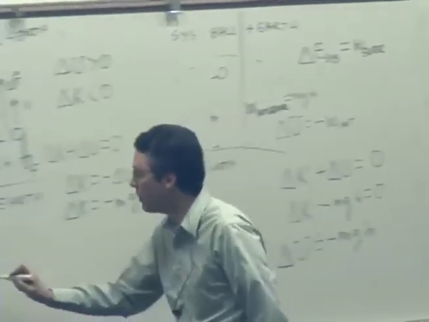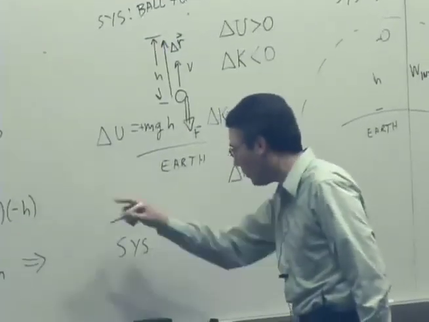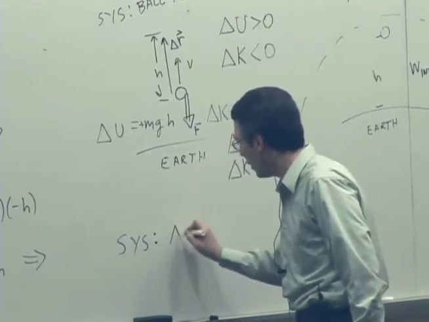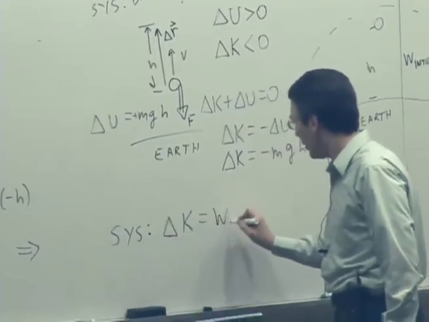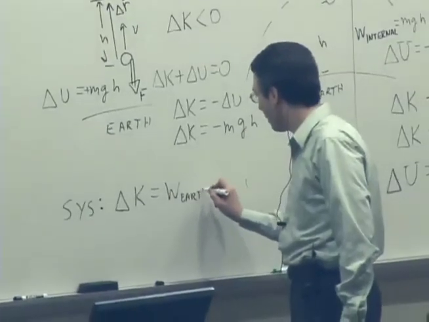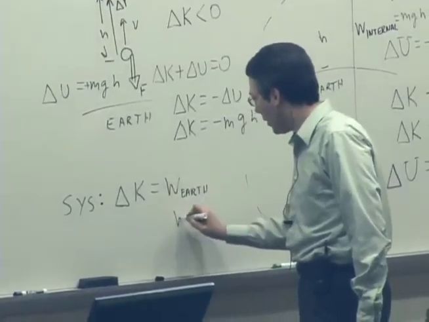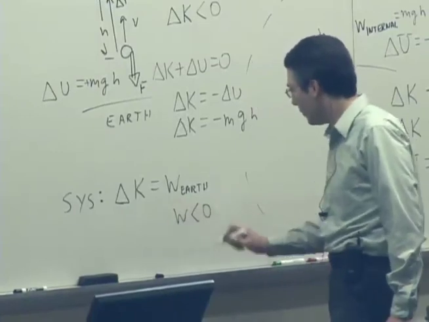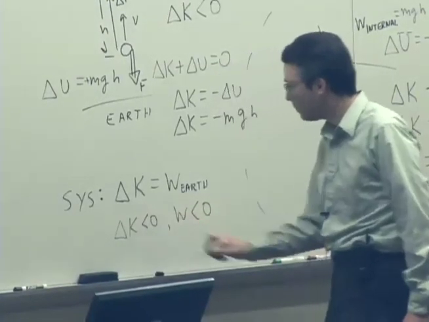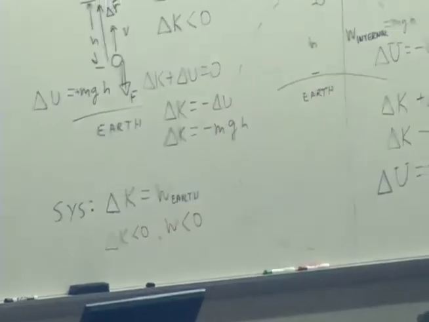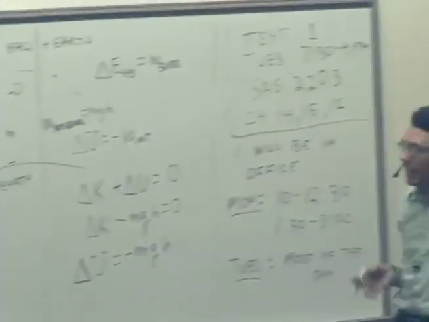So if I chose the system of just the ball, the other way of analyzing this, delta K plus the work due to the Earth. If the work due to the Earth is negative, then delta K is negative. It's slowing down. Okay, so we get the basic idea.